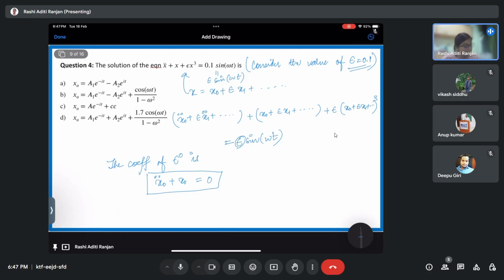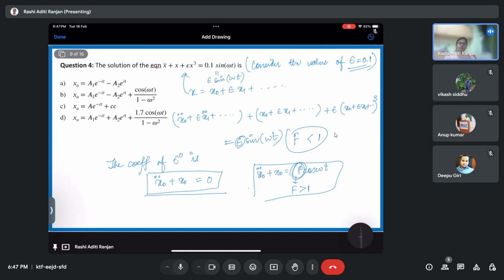In the previous case, f was greater than 1. But here we have f which is less than 1. Okay. So this becomes our main equation.